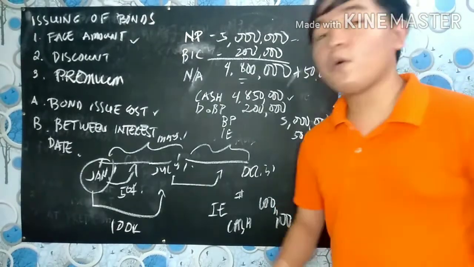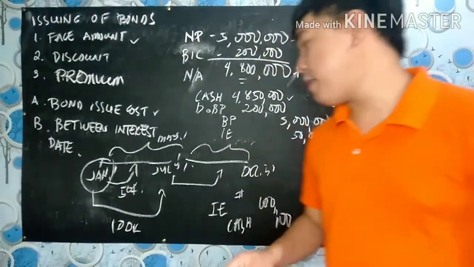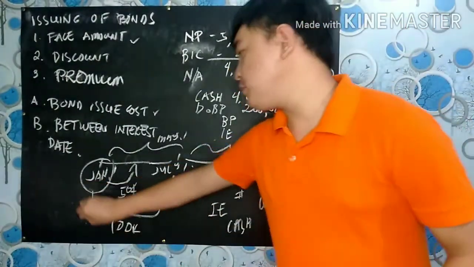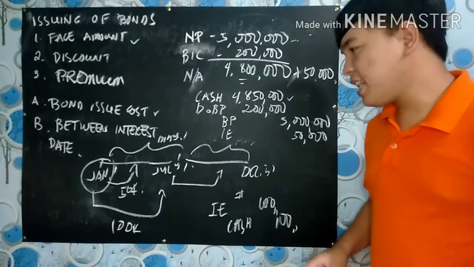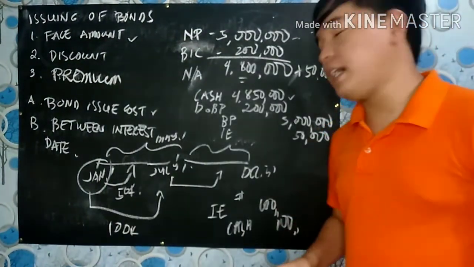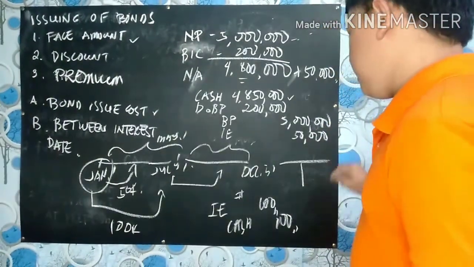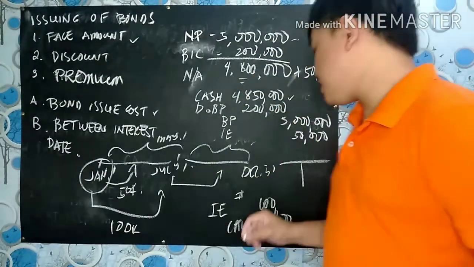Okay? So, 100,000 pa rin. So, kapag magre-record tayo ng interest expense, from January to July pa rin yung computation. Kasi, kung i-ledger natin siya, kung i-T account natin siya, tama pa din naman yung interest expense natin.